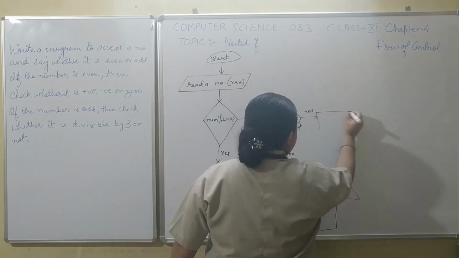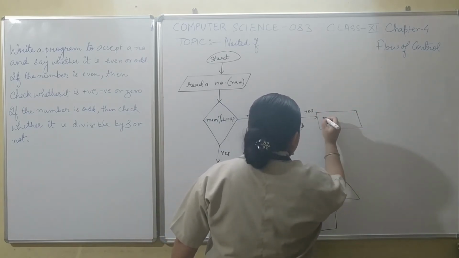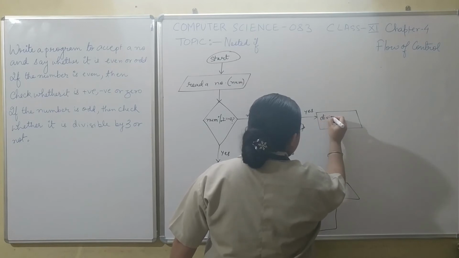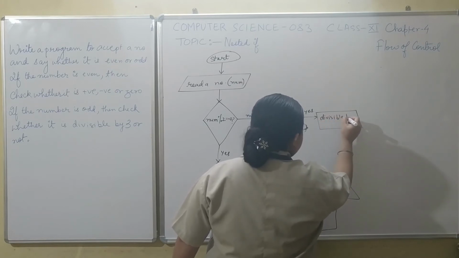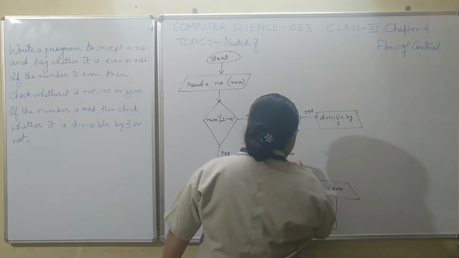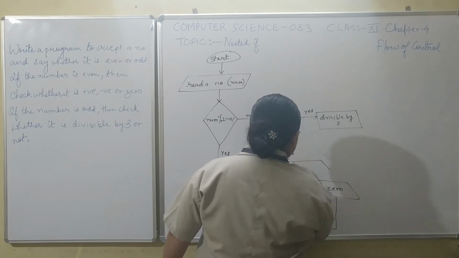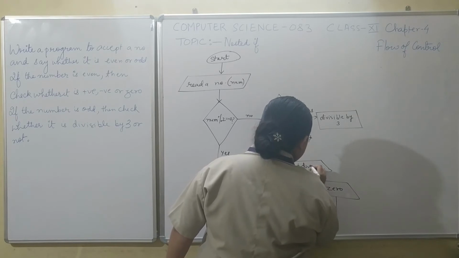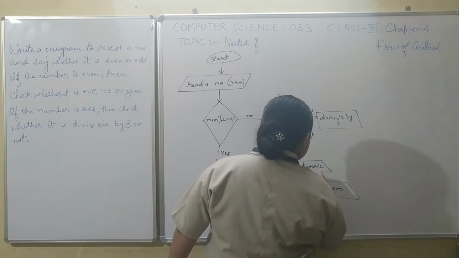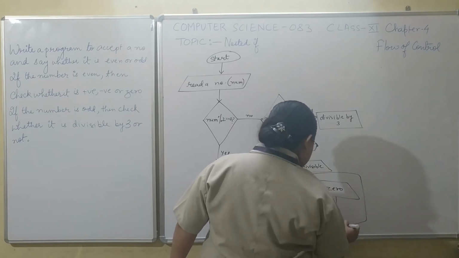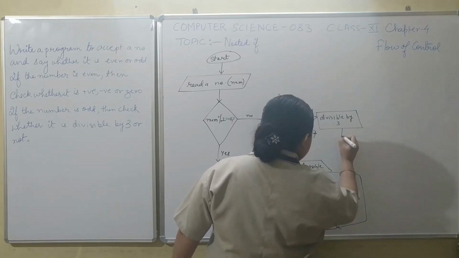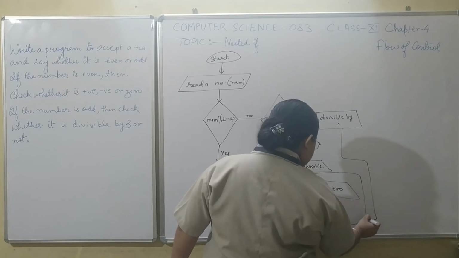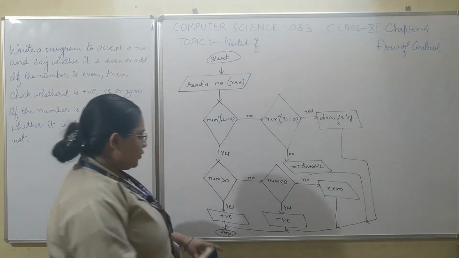If it is yes, then I will say divisible by 3. And if it is no, then I will simply print not divisible. Whether it is either of them, after execution it will lead to stop only.